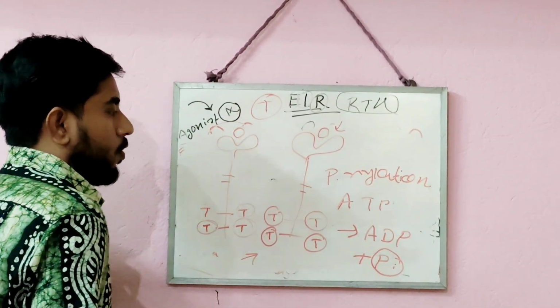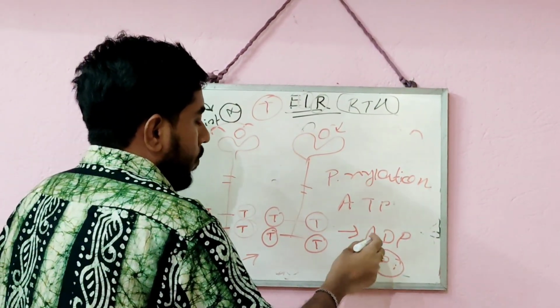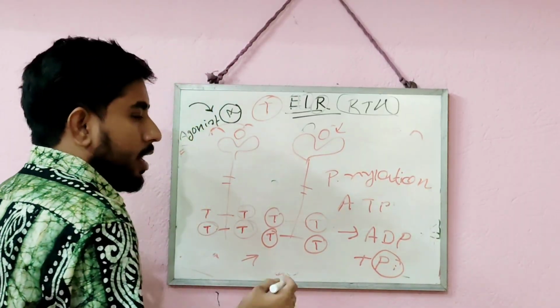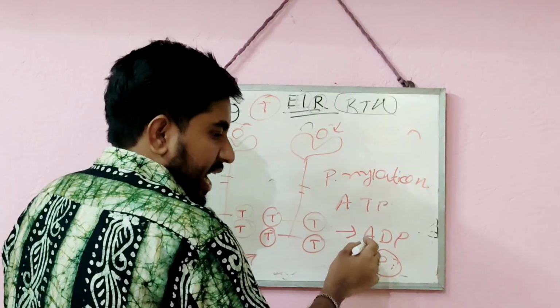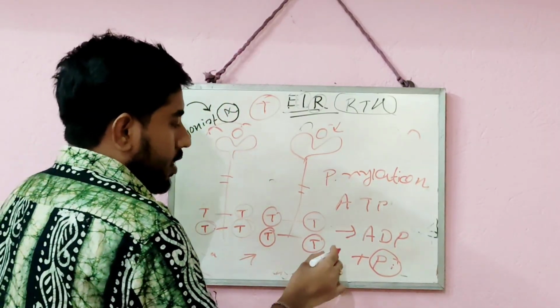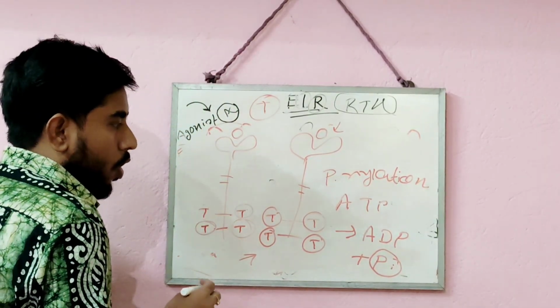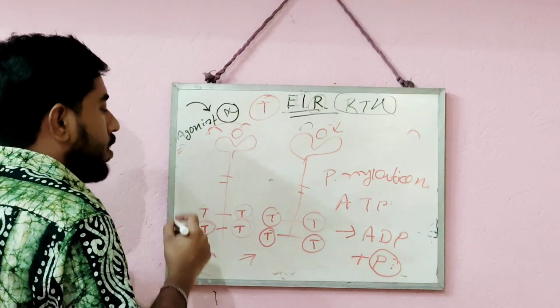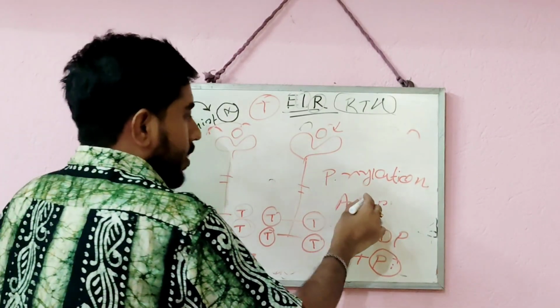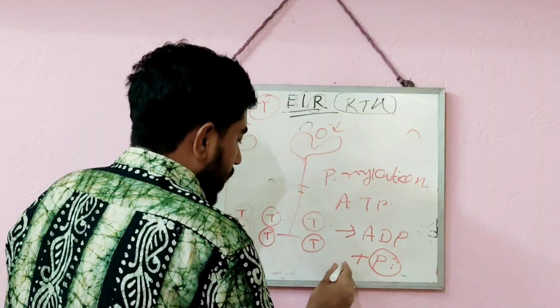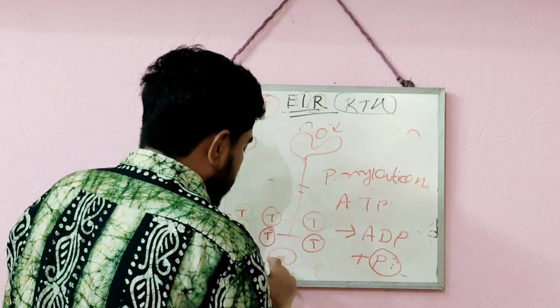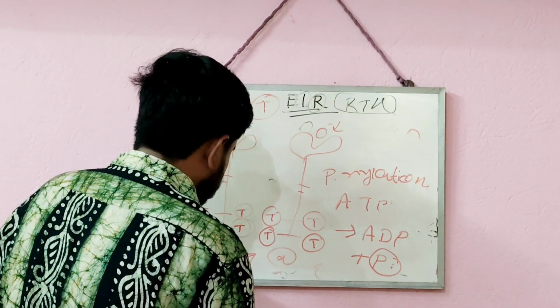For that phosphorylation, ATP is converted into ADP by releasing one phosphate. Whenever ATP converts into ADP, that causes the activation of different proteins.